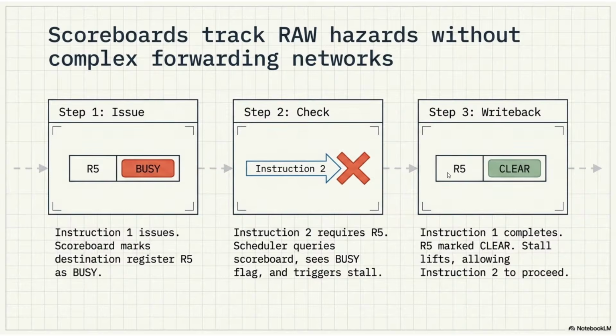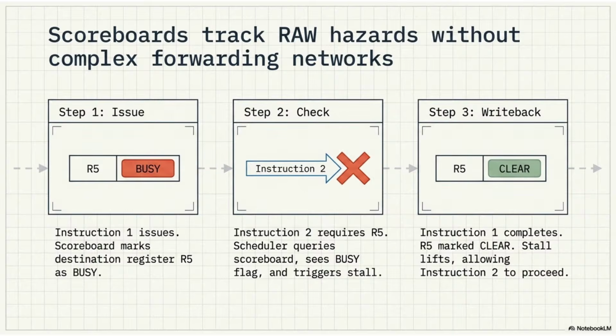So in step 3, R5 is cleared, and it will get cleared only after it is written back to the register file. Now R5's value is updated in the register file, and instruction 2 can access it. So the scoreboard does these three things to avoid these conflicts, the hazards.